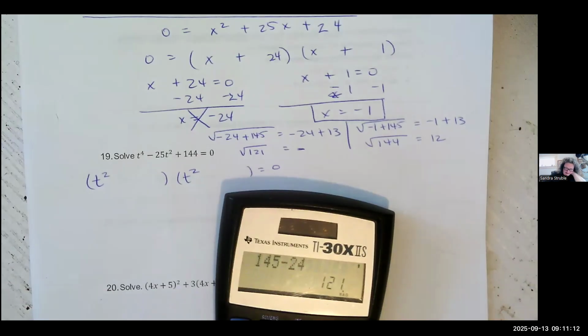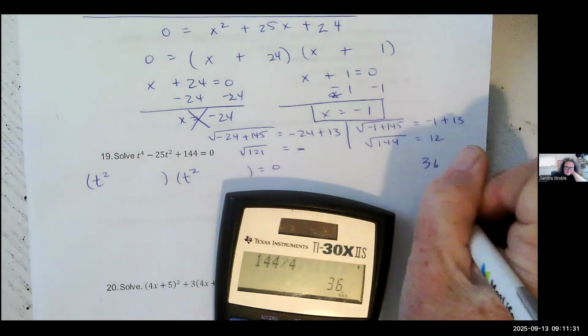So let's take 144 divided by, I don't know, 12 times, what do we want to do here? Let's do 4 to see what it is. 36 and 4. Nope, that doesn't work. So it needs to be in between 36 and 4.